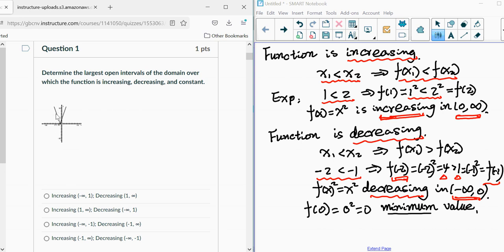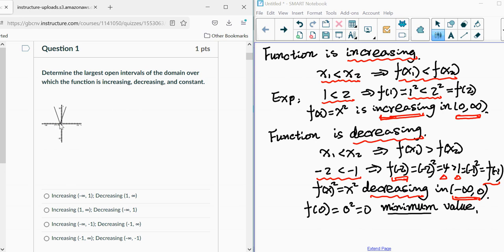It is clear here that the lowest point is 0 for y when x equals -1. So this point is -1 right here.